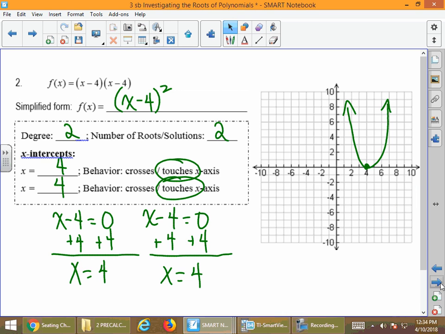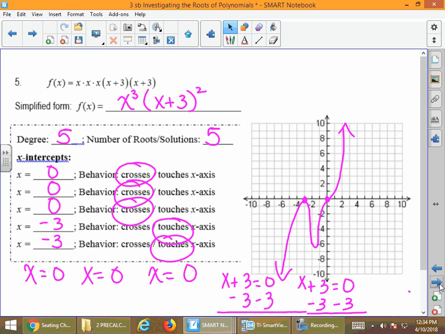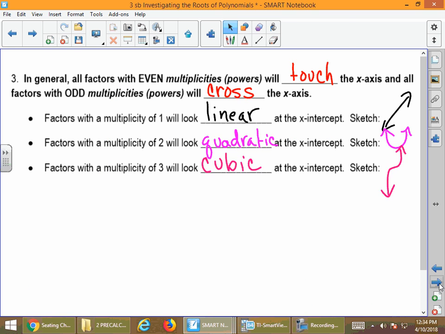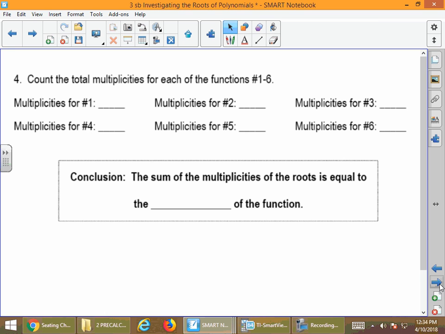Well, let's do 2 here before we write down. Multiplicity for number 2 is coming from our exponent on our function, 2. Before we look at these other ones, let's write those 2 down. So we have 1, we have 2.